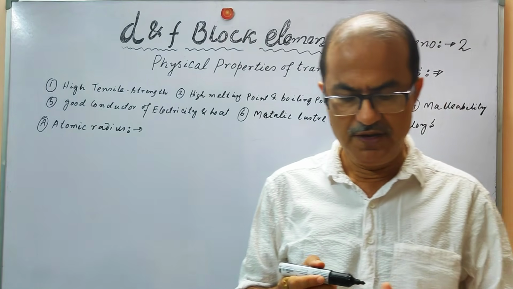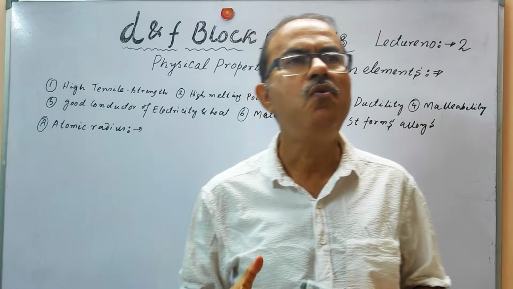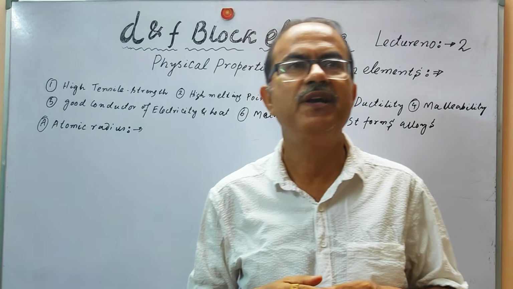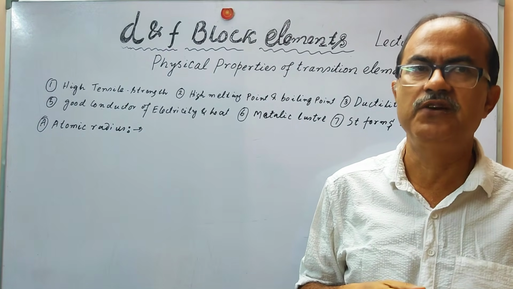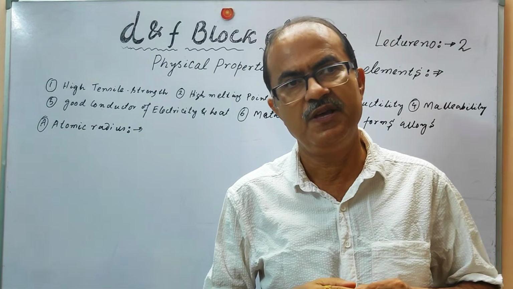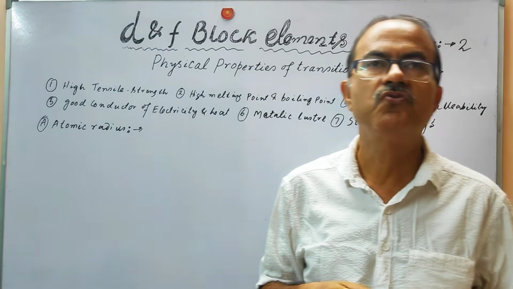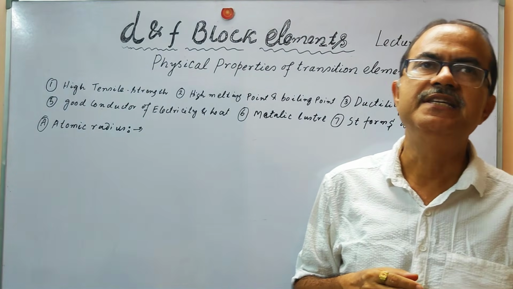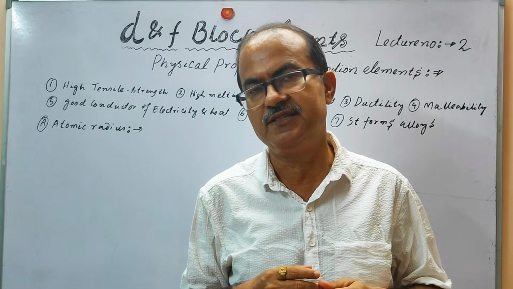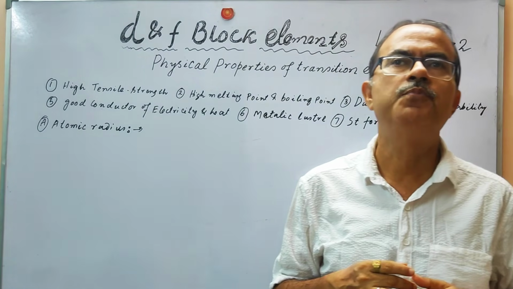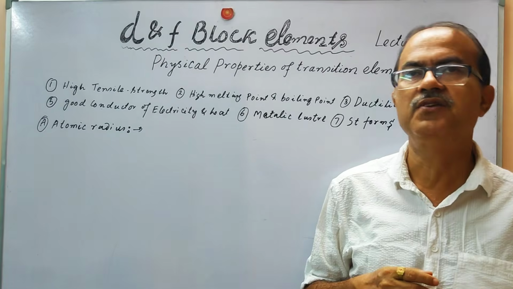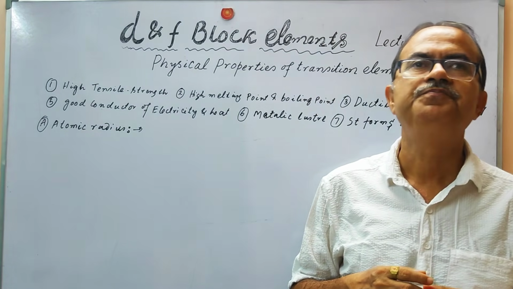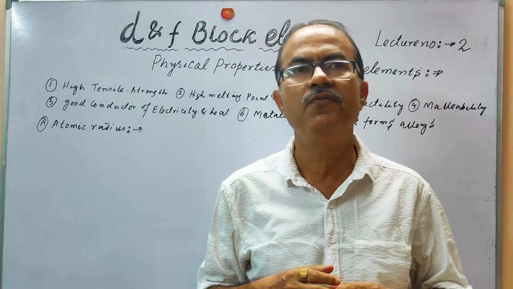In this case, we will discuss the trend of the atomic radius. As we go across the series, we find a continuous decrease in the atomic radius up to the middle of the series, which we will always understand in terms of a graphical representation.